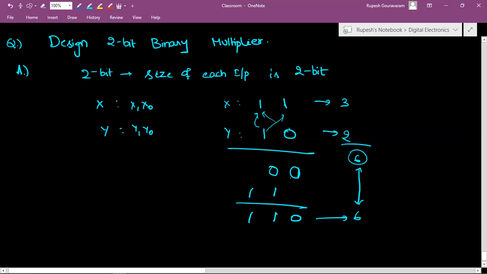So what we are normally doing here is multiplying the units place of the first number with each and every digit of the other number and writing it here, and doing the same thing for the second digit also. First we shift the second product, and then we add these quantities. So we are using the shift and add technique.